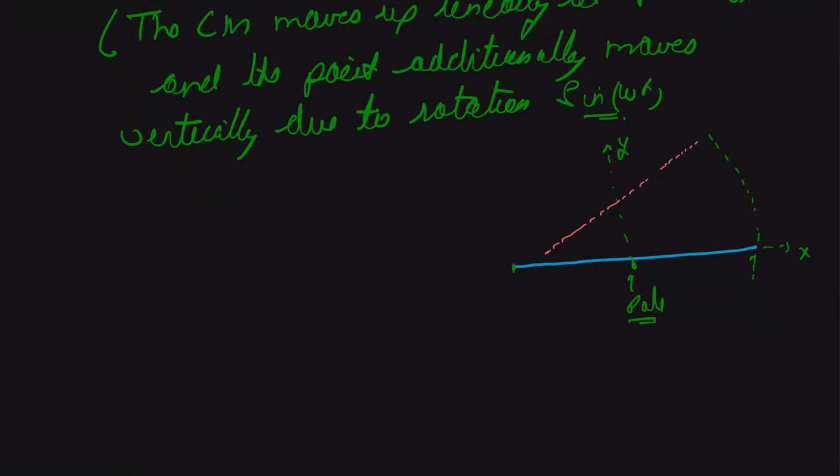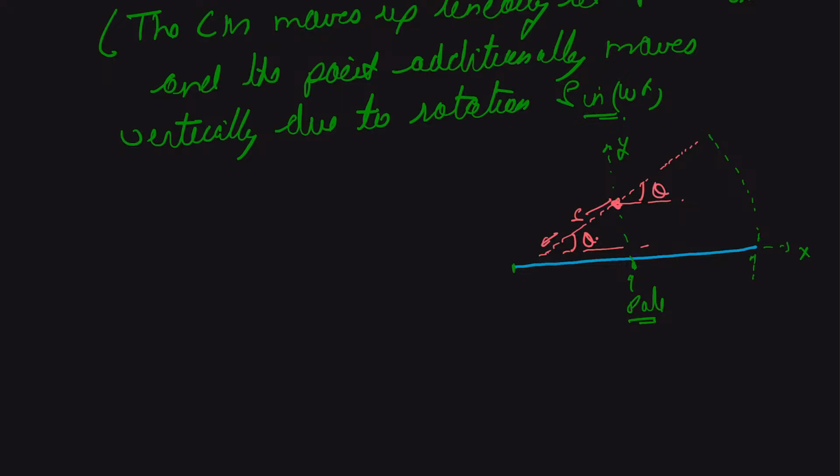So let us suppose it moves by the angle of theta. So obviously this angle will also be equal to theta. And we have taken, let us suppose, S as the distance of the point from our center of mass. So now we can find out the coordinate of this position with respect to our vertical motion as well as our horizontal motion.